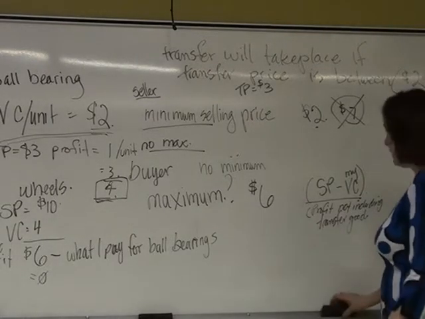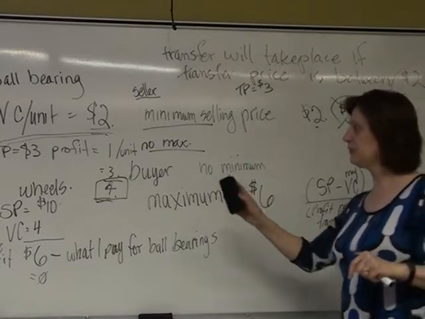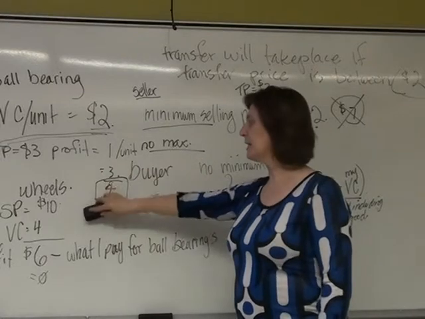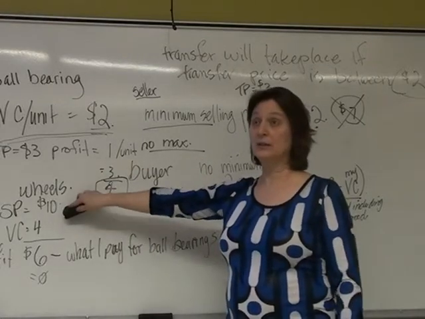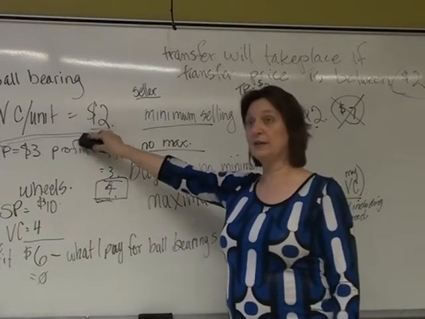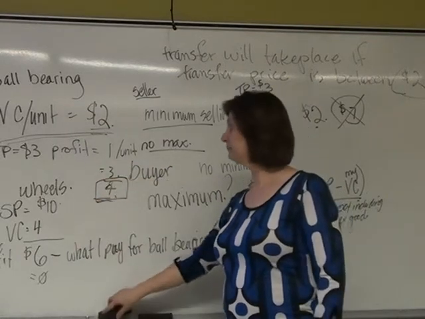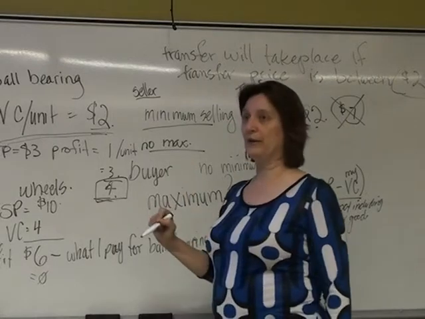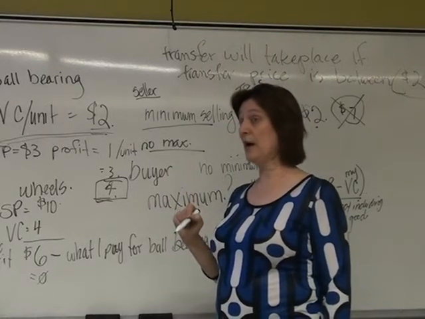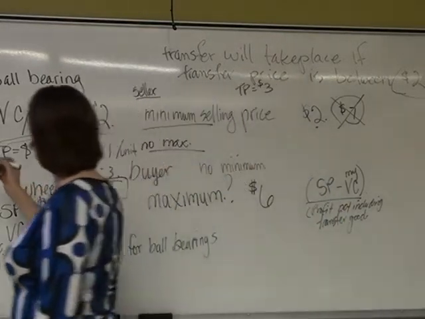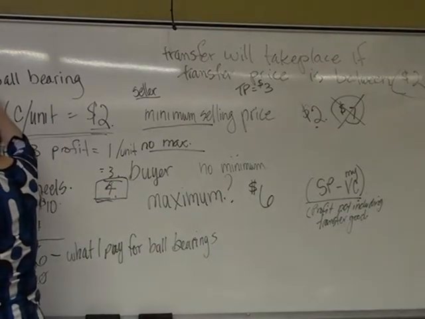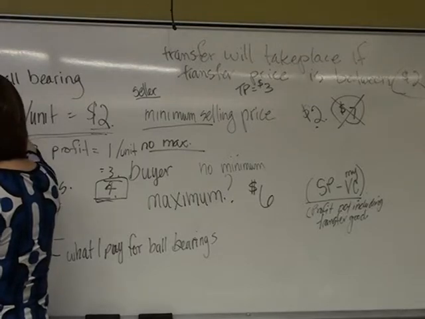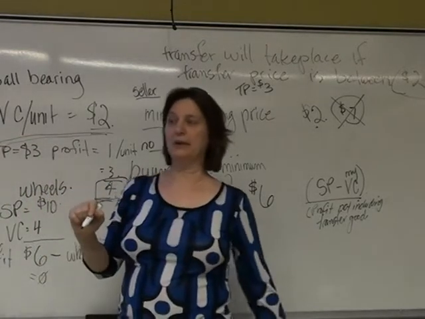So if this division can make as many ball bearings as they want, and these guys can take 50,000, then these guys will give them 50,000. If these guys are already selling all of their ball bearings and they have no idle capacity, so let's say that they can make 100,000 ball bearings per month, and they are making and selling 100,000 ball bearings.